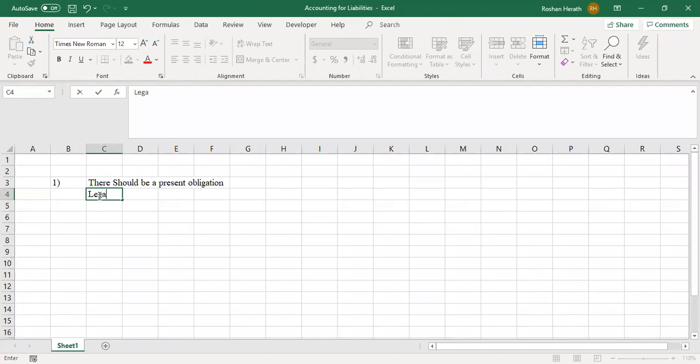So therefore, legal obligations are there. Legal obligation as a matter of contract, by way of a Parliament Act. So the sources of this legal obligation you can take by way of a contract, by way of a Parliament Act, and also other laws as well. So therefore it is something to do with the law.